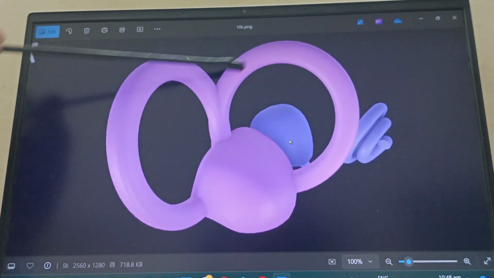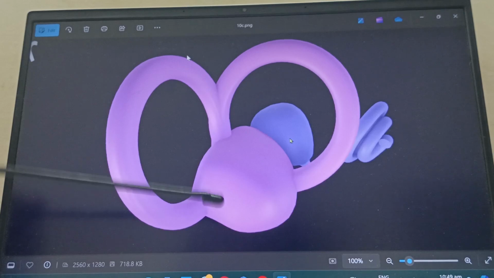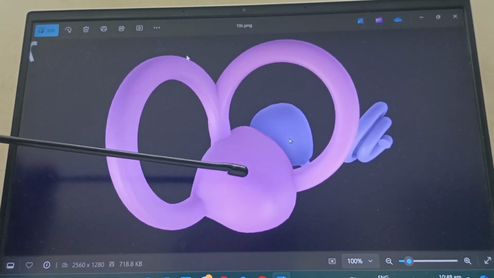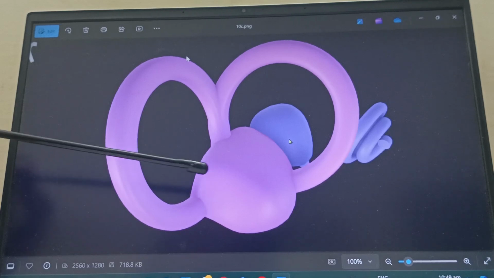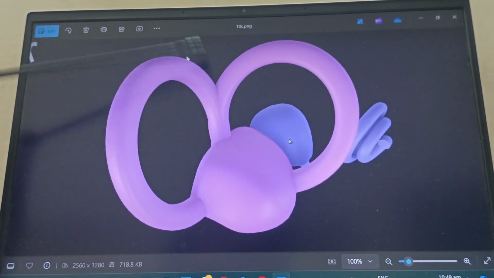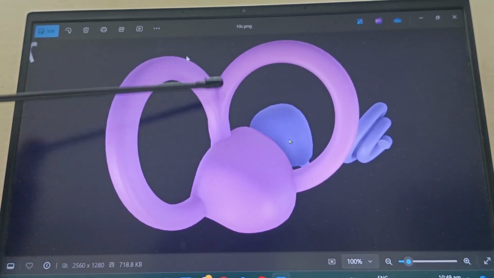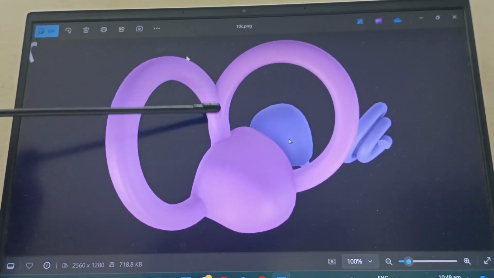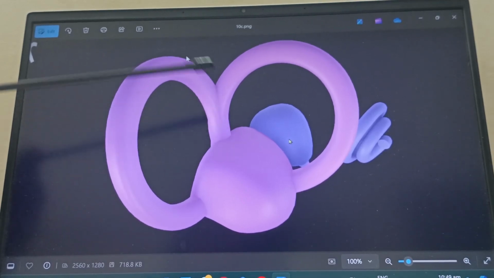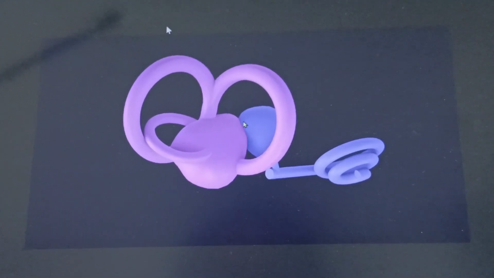We now have something like the steering wheel of a car. These semicircular ducts are going to open into the utricle through three dilatations called ampullae, and the other end, which is not dilated, is fused with the other tube and directly opens into the utricle. Let's have another picture. Here you can well see, let me enlarge it.